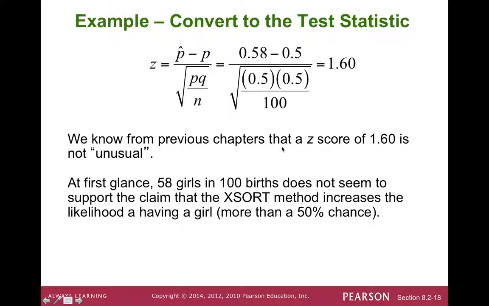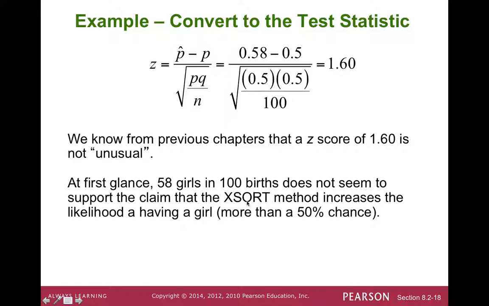So in this case, it would seem that this method does not necessarily support the claim that the method increases the likelihood of having a girl, because 58 girls out of 100 births is considered usual, meaning that that would not tell us that something unusual had happened, such as using a method that increased the likelihood of having a girl.